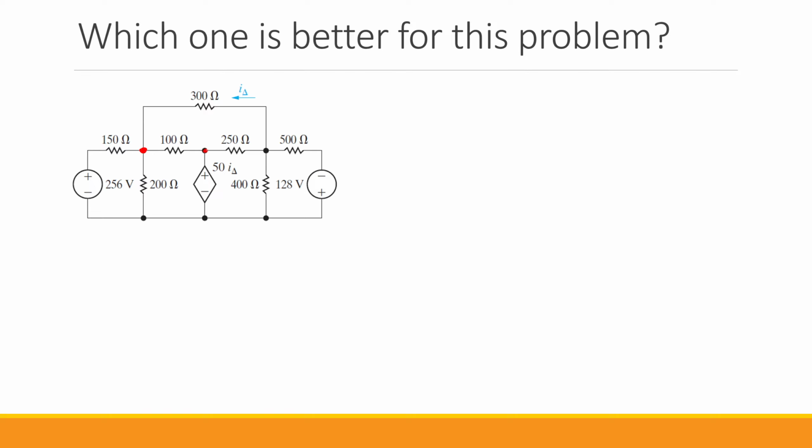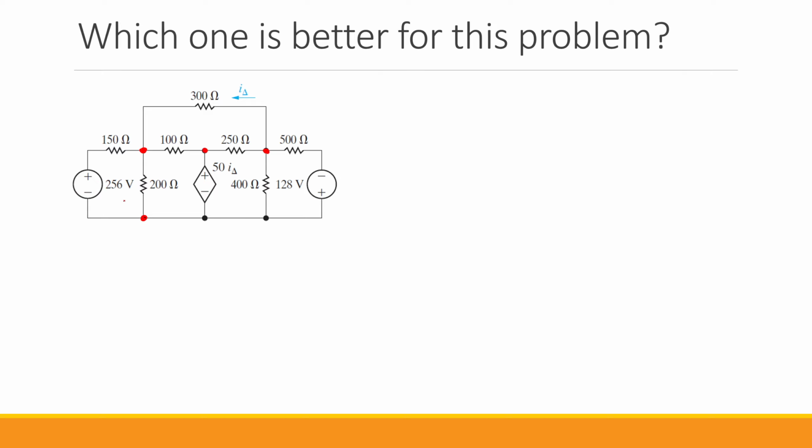This one is another essential node. It's a point of contact of 3 elements. This one is another essential node, which is the point of contact of 4 elements. And finally, this one, or any of these two, is an essential node, which is the point of contact of 5 elements: this voltage source, these two resistors, this voltage source, and this one.